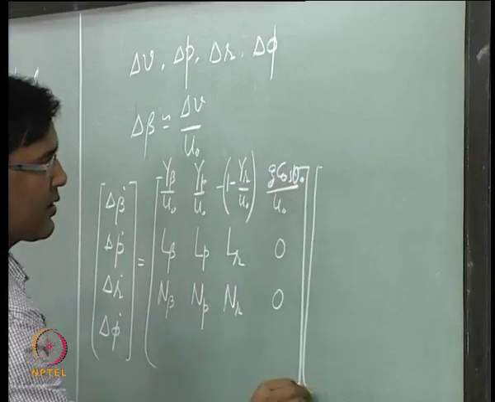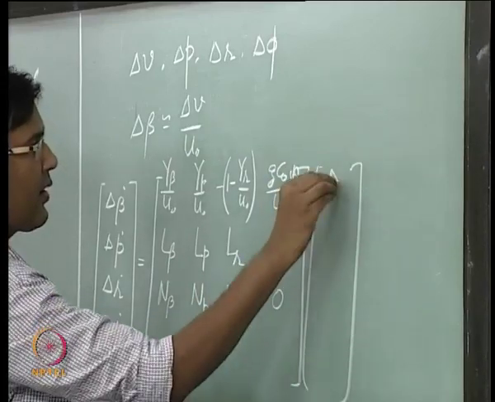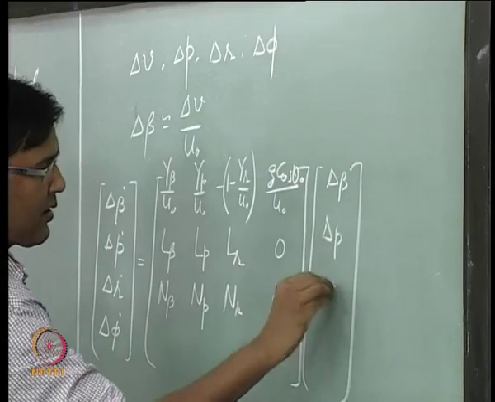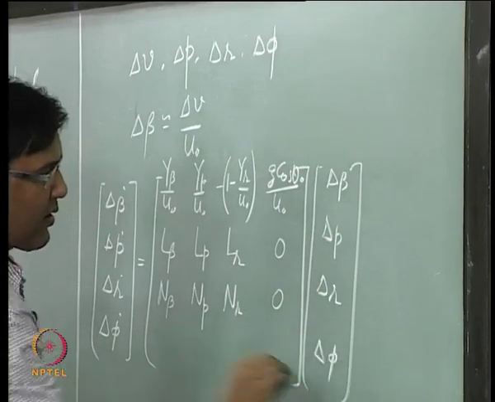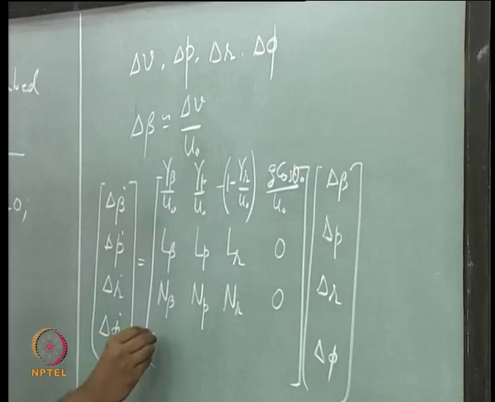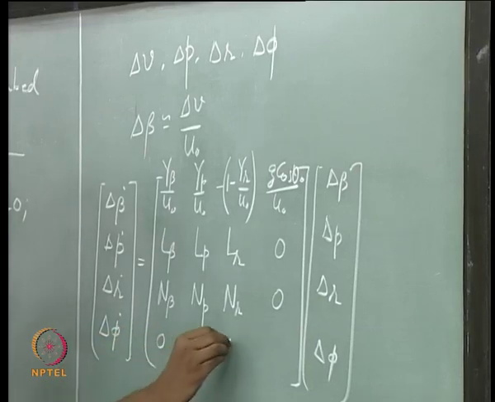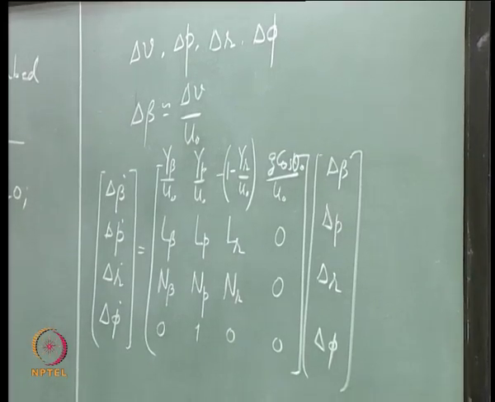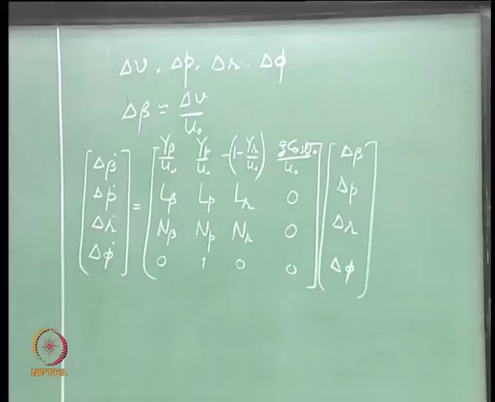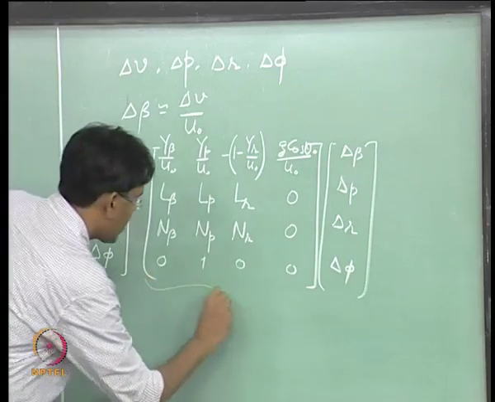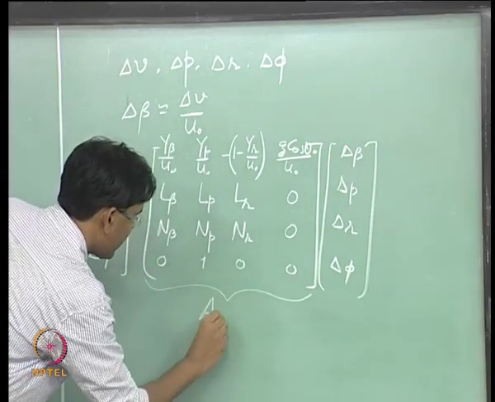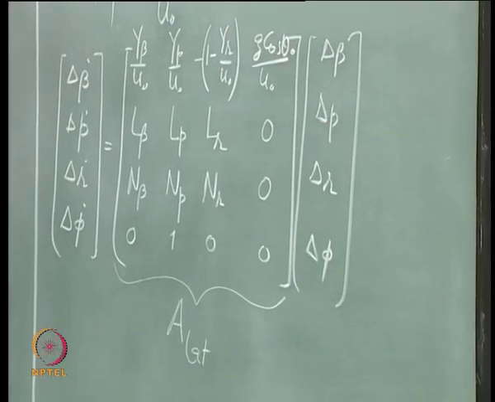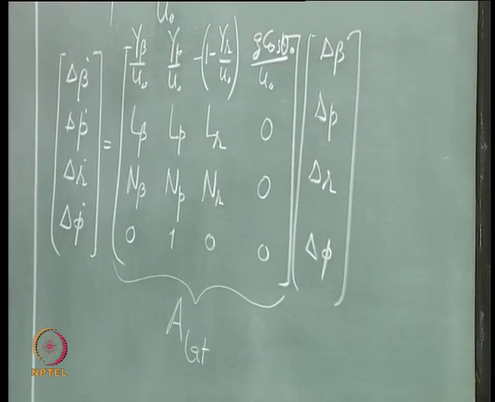So, this is my A matrix for lateral directional perturbed motion.